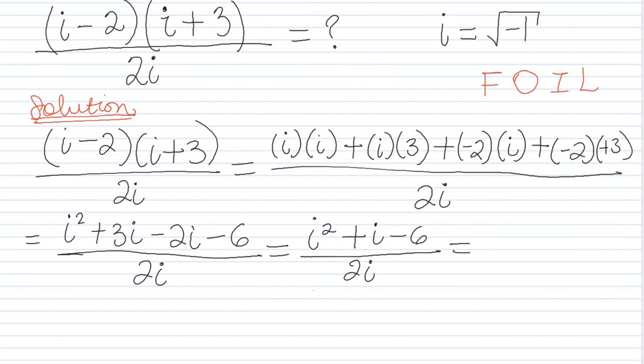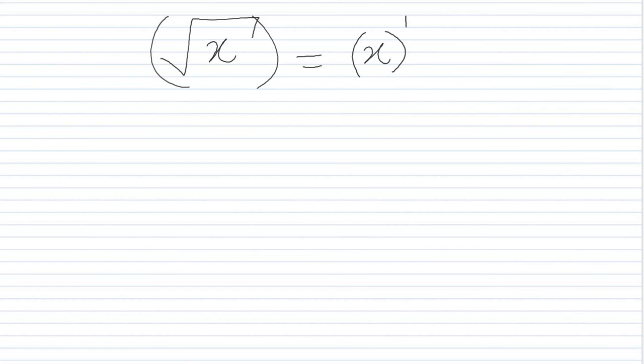Well, guess what this is? i squared is the same thing as the square root of -1, all squared, plus i minus 6, divided by 2i. So the square root of -1 all squared is the same thing as, let's go to the next page. For example, if I say the square root of x, all squared, is the same thing as x raised to the power of 1/2, squared.